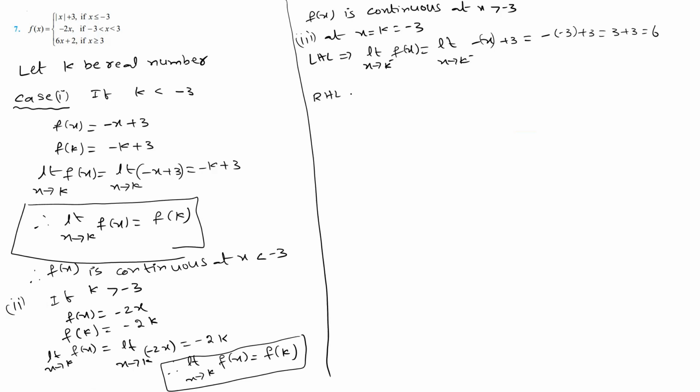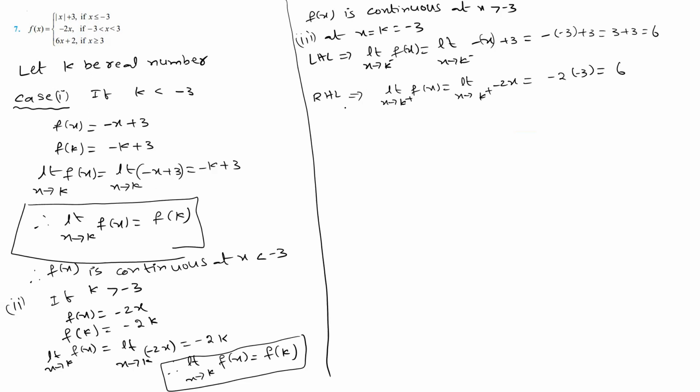Next, the right hand limit also. The limit as x tends to k plus, that is minus 3 plus, of f of x is minus 2x. So minus 2 into minus 3 is equal to plus 6 you will get here.